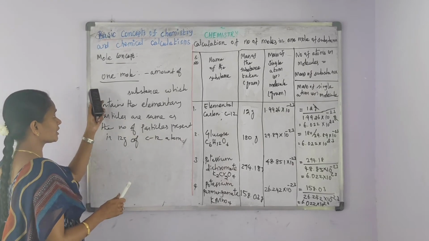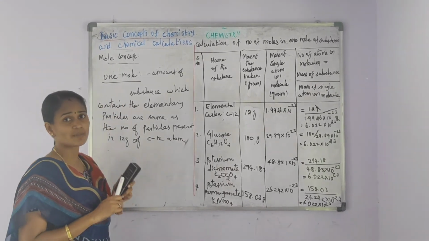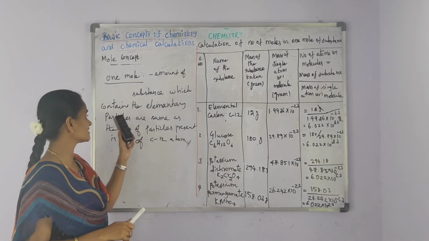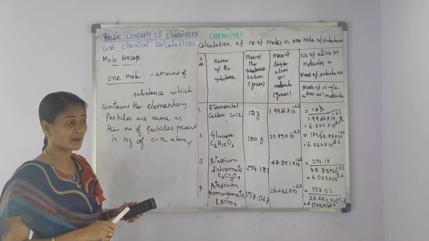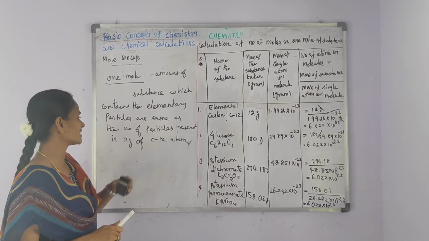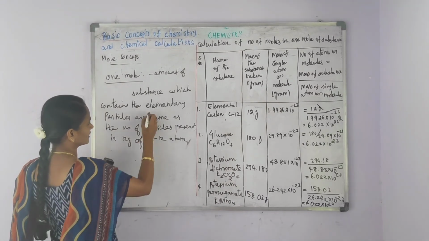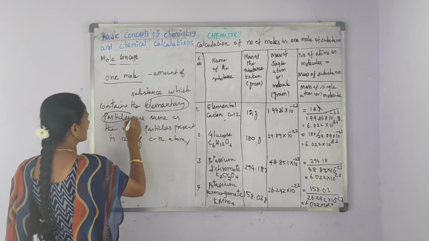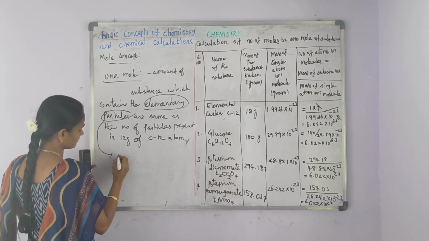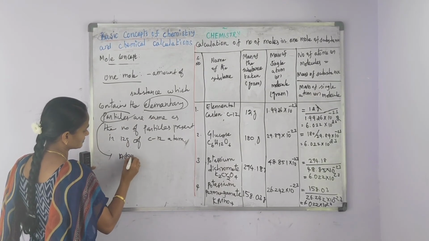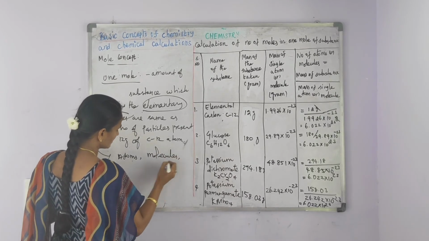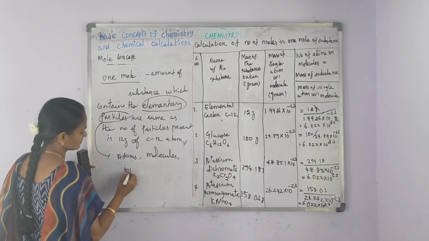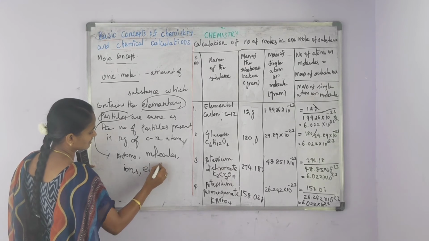I am repeating, 1 mole is defined as the amount of the substance which contains elementary particles the same as the number of particles present in 12 gram of the carbon 12 atom. Here, elementary particles indicates atoms or molecules or ions or electrons, etc.